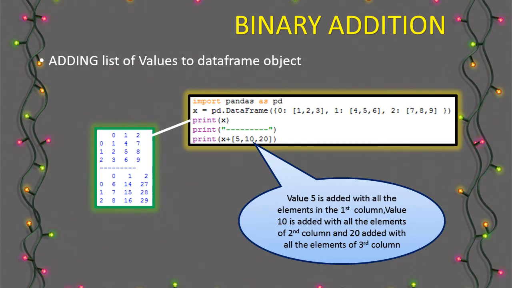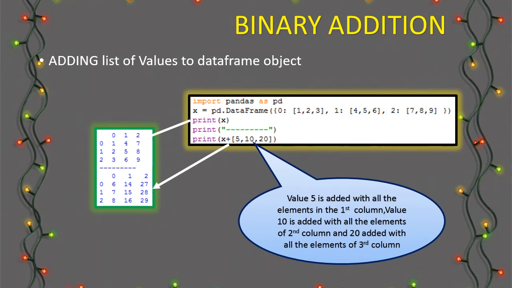So 1 plus 5 is 6, and likewise 10 plus 4 is 14, and 20 plus 7 is 27. Similarly, 2 plus 5 is 7, 5 plus 10 is 15, 8 plus 20 is 28. Likewise, all the data is added.